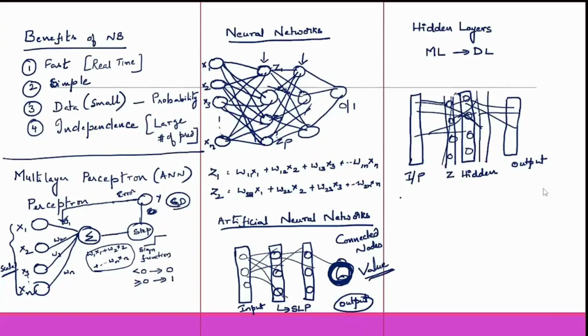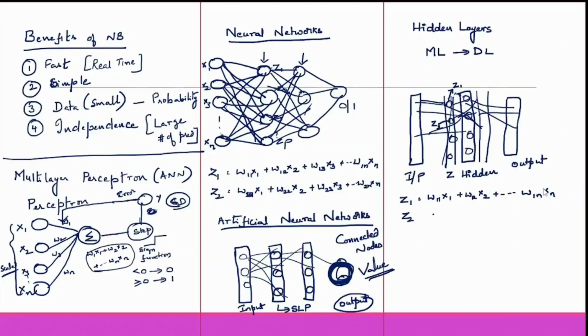As I told you, Z1 will be nothing but W11 times X1 plus W12 times X2 plus and so on, W1n times Xn. This is the first node. Let's say this is my second node, Z2.